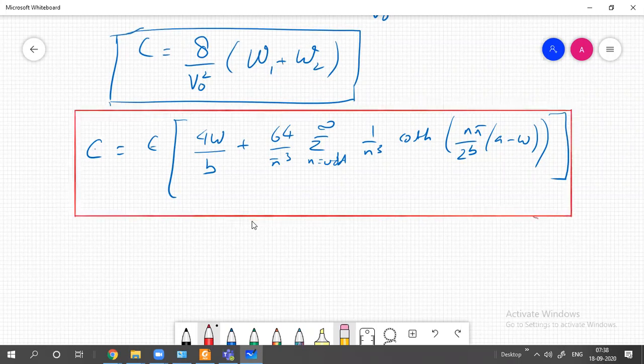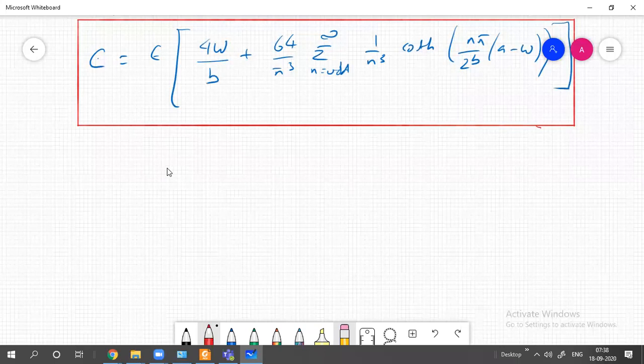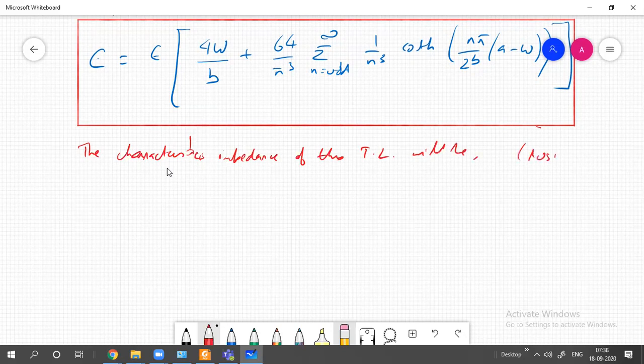The characteristic impedance of this transmission line, assuming it is lossless, is Z0 equals the square root of mu over epsilon.